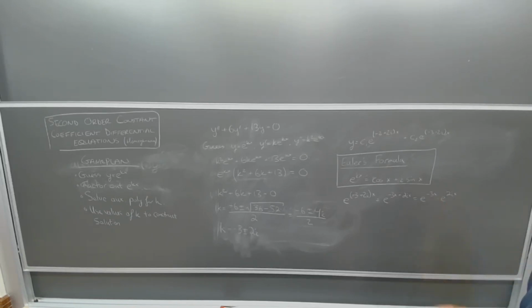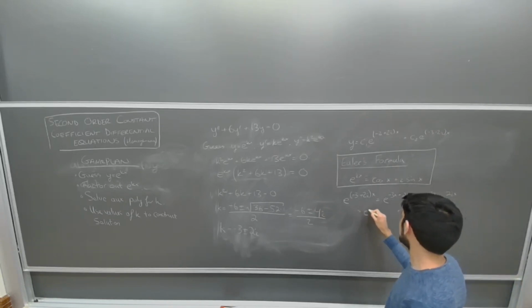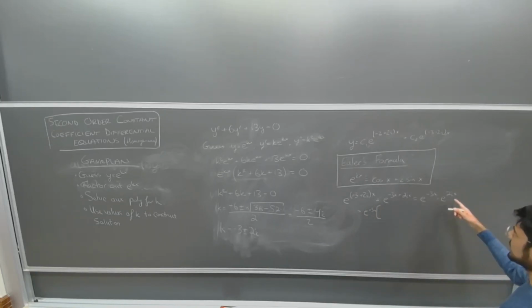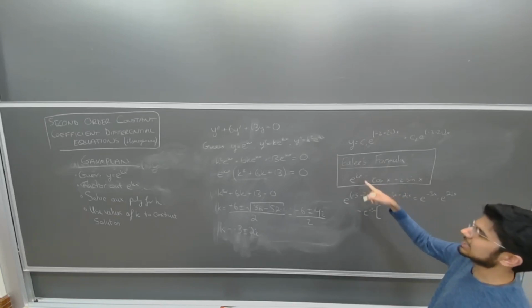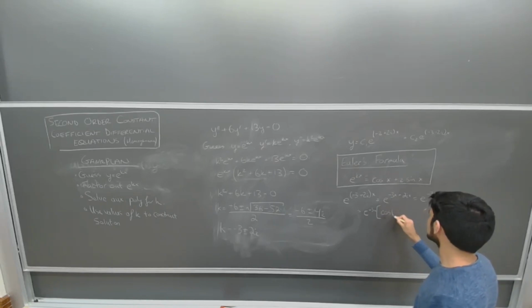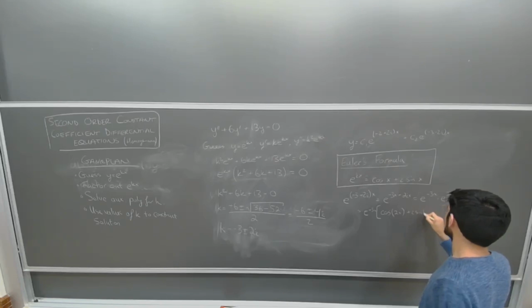So now we can use Euler's formula on this 2ix. We don't really care about this negative 3x because that's still a real part. So that's going to be equal to e to the negative 3x. And then here, we just have to be careful with how we're doing this. So we'll think about x as 2x instead of just normal x. So this will be cosine of 2x plus i sine of 2x.